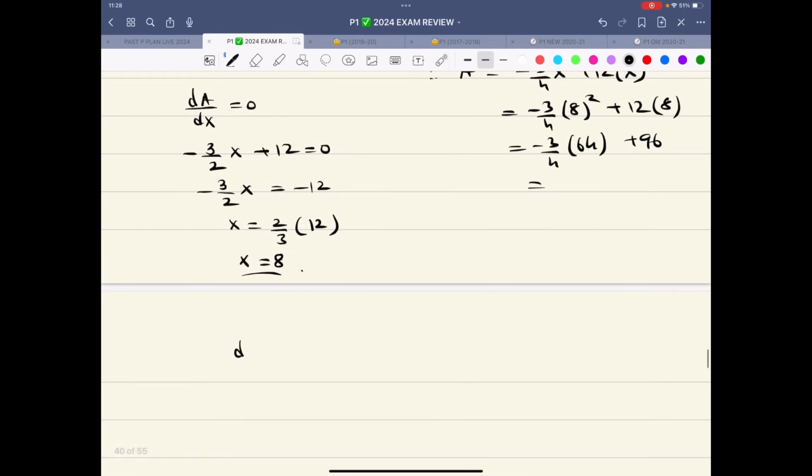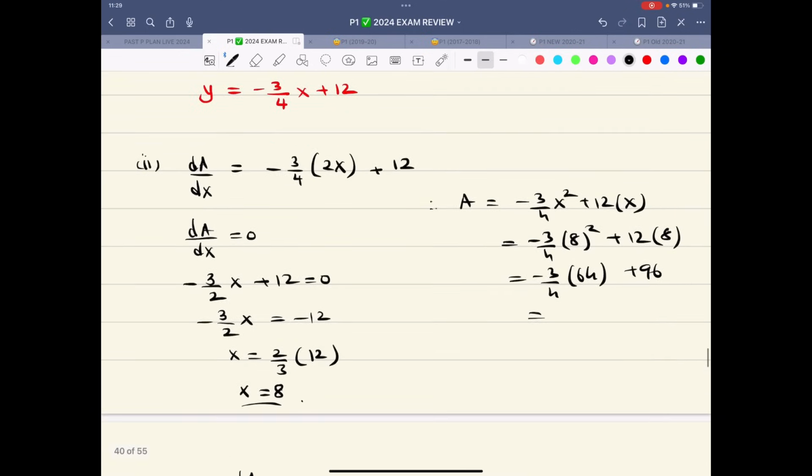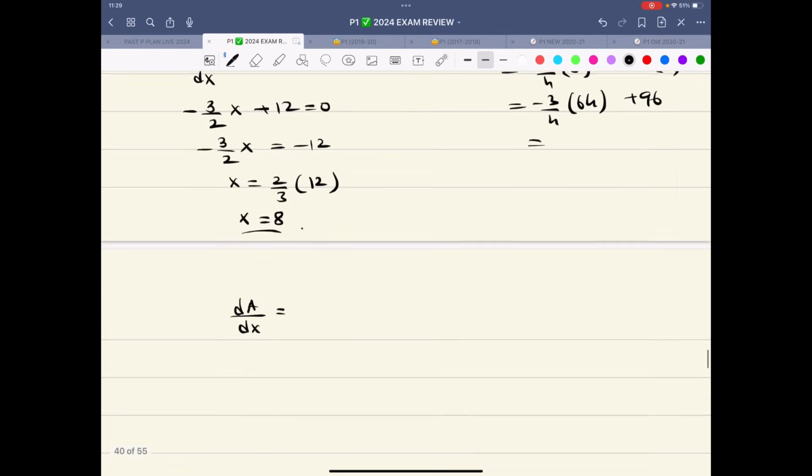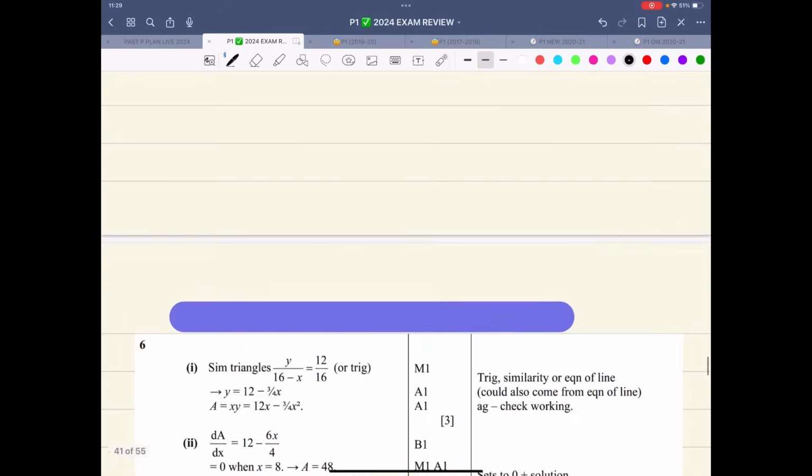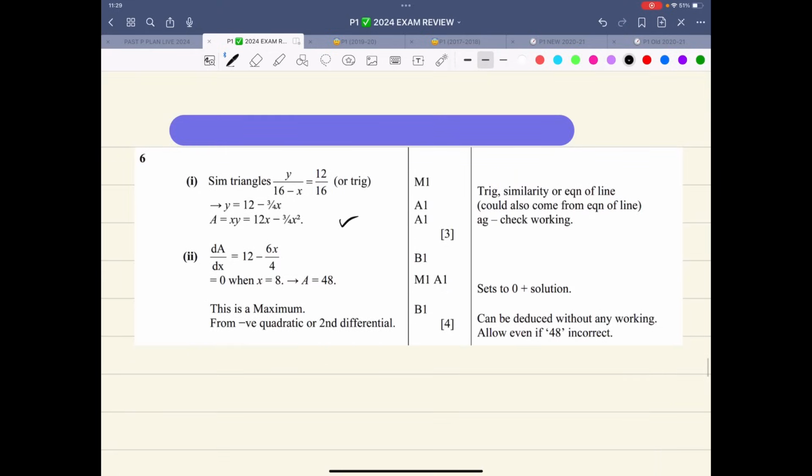So we know that dA by dx equals negative 3/2 x plus 12. This is the simplified expression. d square A over dx square is negative 3/2. This is negative, therefore it's a maximum. Let's check in the values. So the first part was proof. x is 8, A is 48.